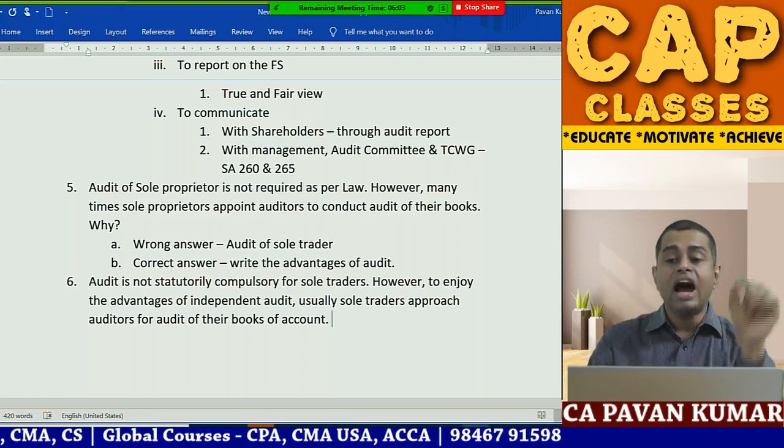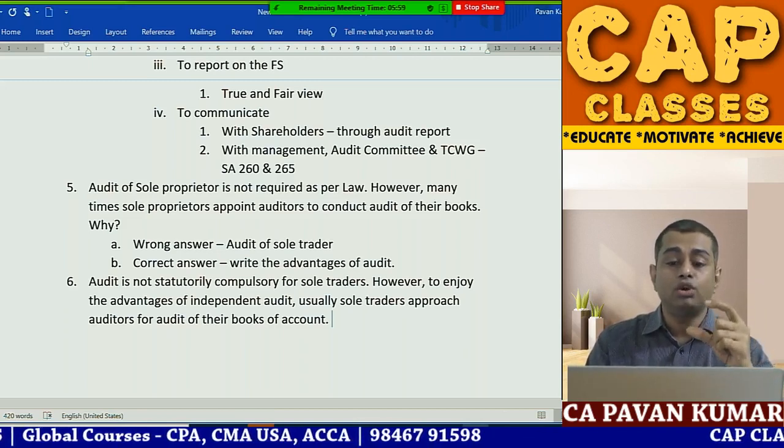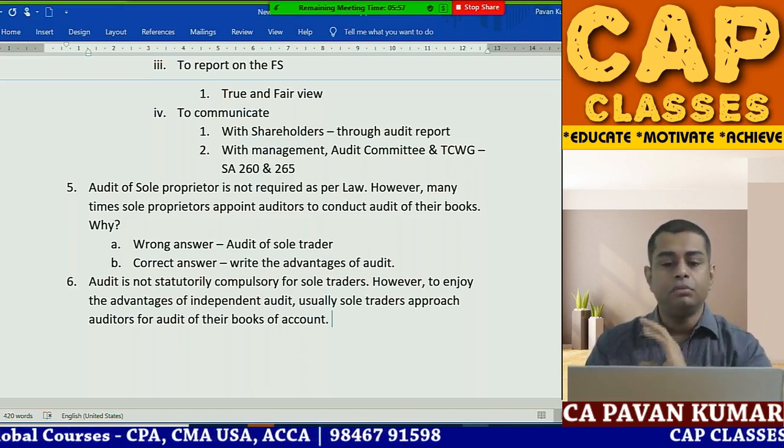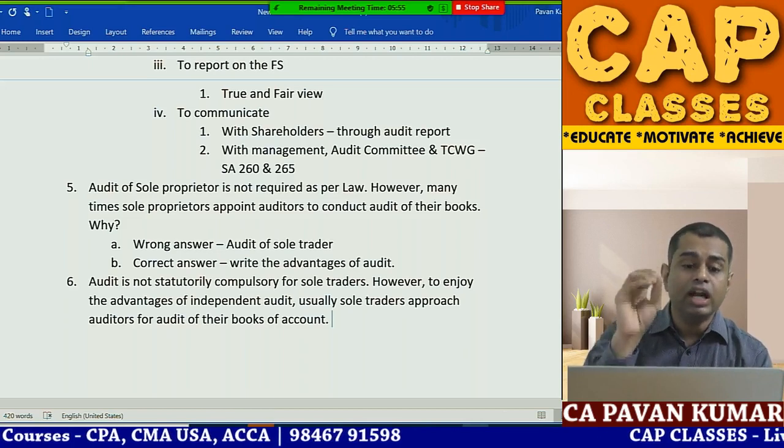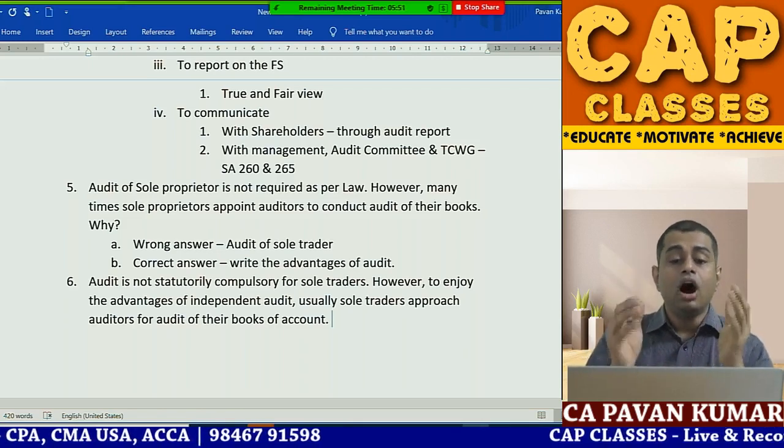So after writing this first para, audit is not statutorily compulsory for sole traders or partnership firms. However, to enjoy the advantages of independent audit, usually sole traders approach auditors for audit of their books of account.